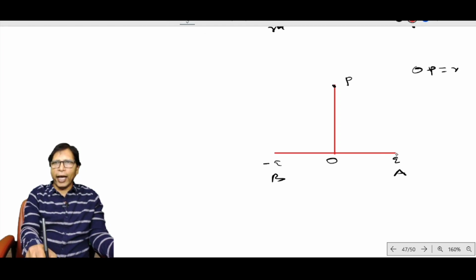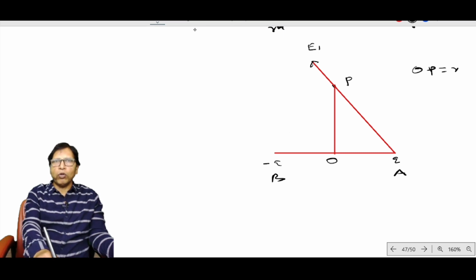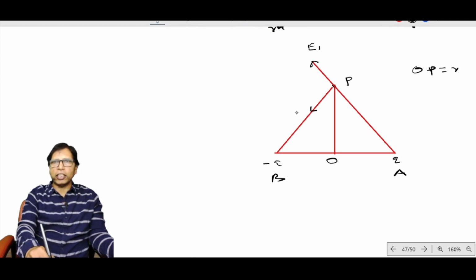Now a line is drawn. Line AP is drawn. The electric field due to the positive charge is directed along this direction. This is the electric field due to Q charge, and suppose this is E1. Now the electric field due to minus Q charge: a line is drawn from minus Q to P, and the electric field due to minus Q charge is directed along this direction.